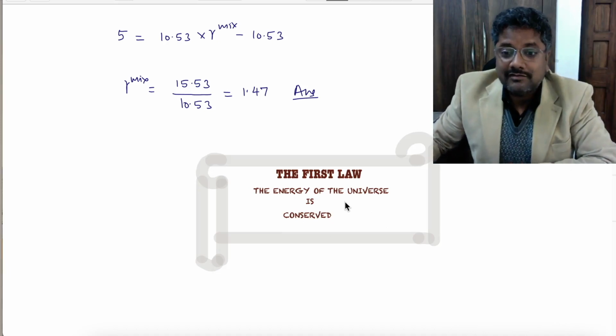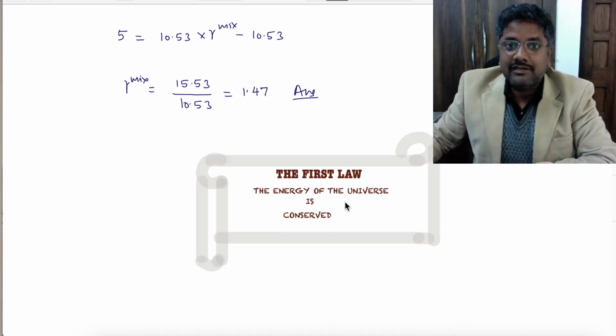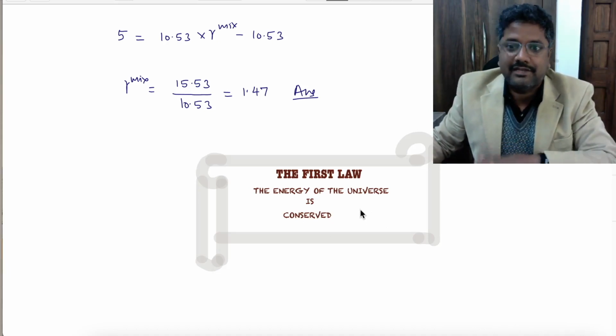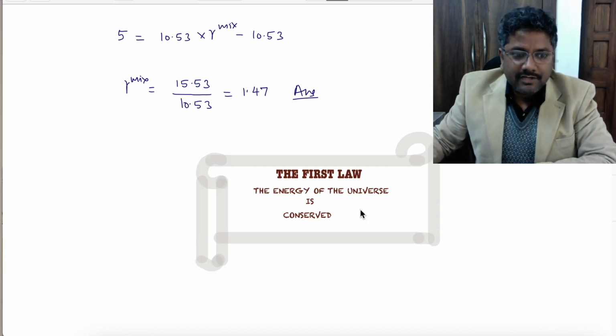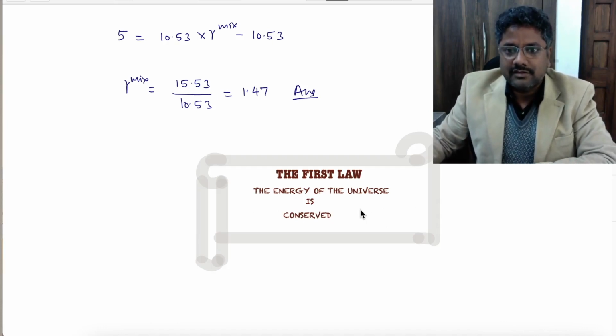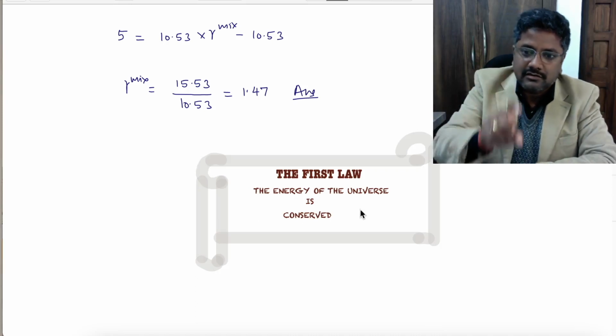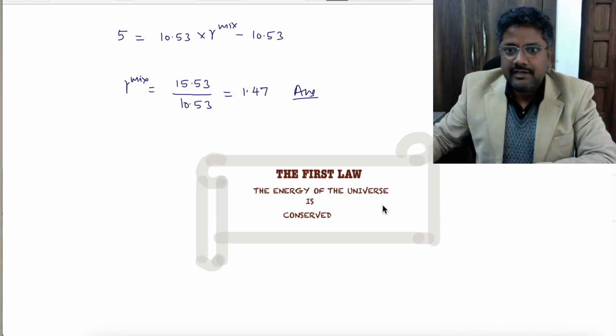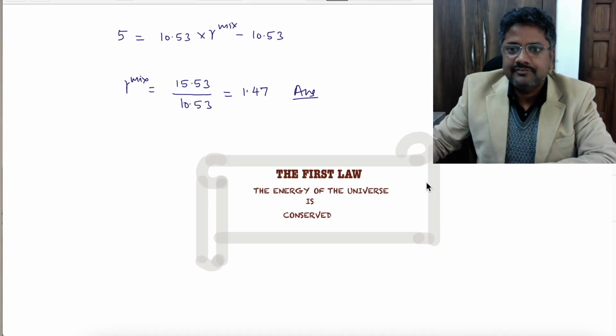It is assumed that the system is isolated, and unless you assume that your system is isolated, the first law is not valid. So every time you explain the first law, keep in mind that your system should be isolated, and this word should come into your definition directly or indirectly. Here I am using this definition indirectly: universe means this system is isolated.